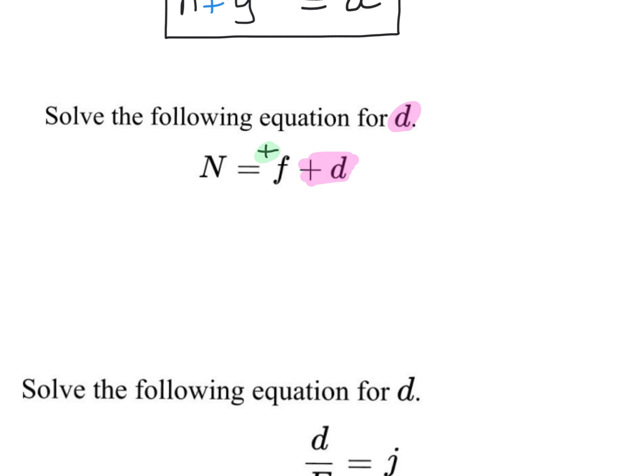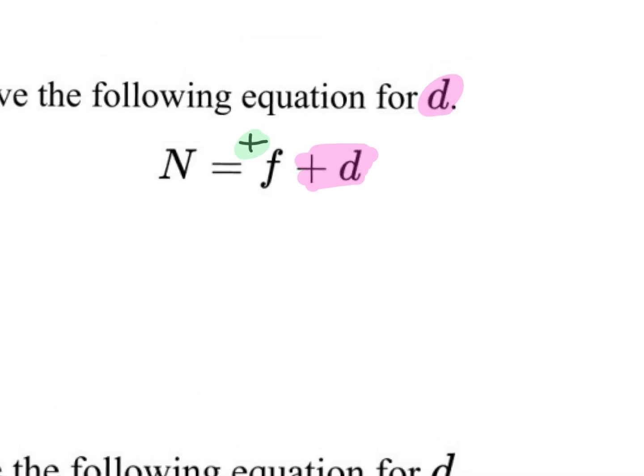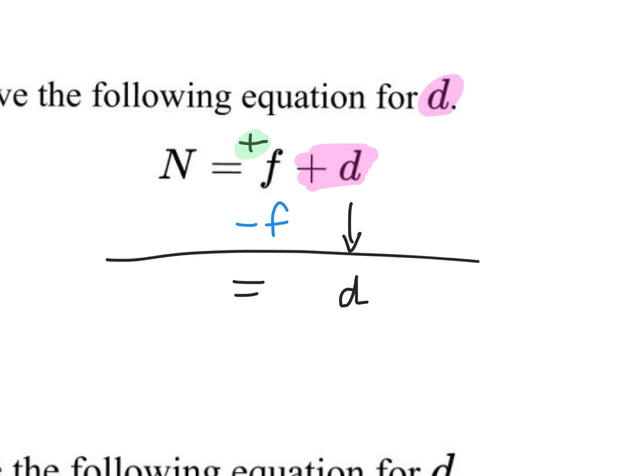Okay, that's a plus F. How do you think I'm going to cancel out a plus F? By doing a minus F. You are exactly right. Minus or negative means the same thing. Okay, so those two F's are going to cancel each other out. I have my isolated D, but again, my equation is out of balance because I have not done the same thing on the other side.